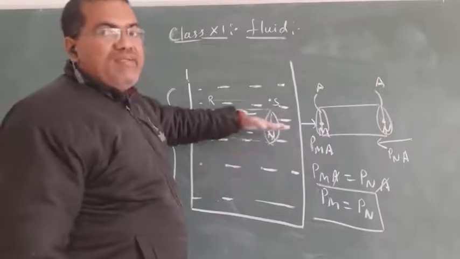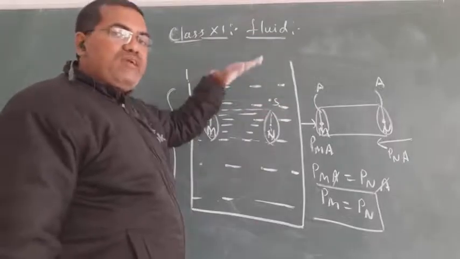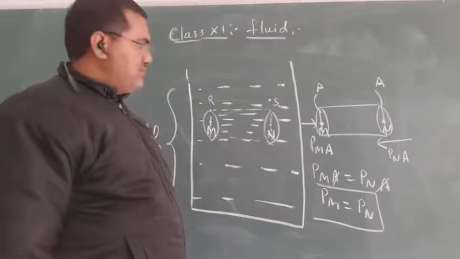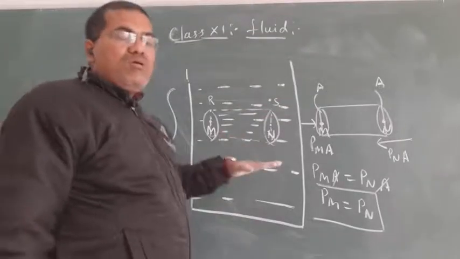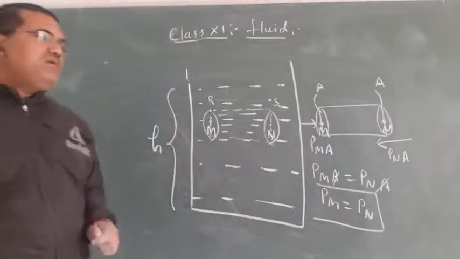This layer has more pressure than this layer, because pressure varies height-wise. But at a particular horizontal level, all the points have the same pressure. So write it down.